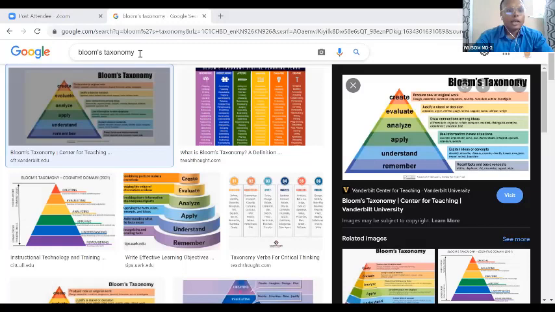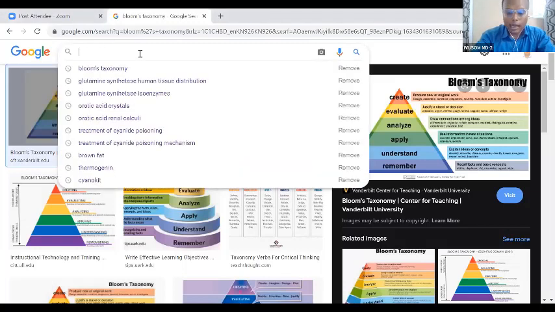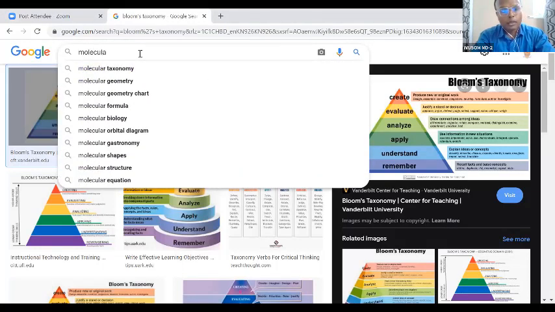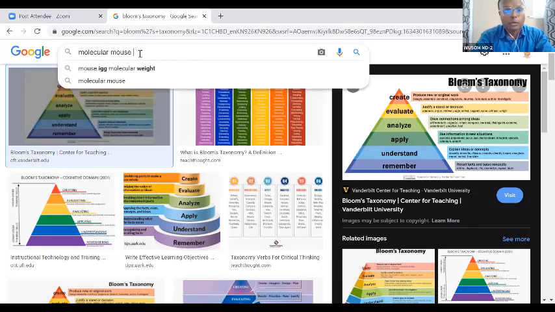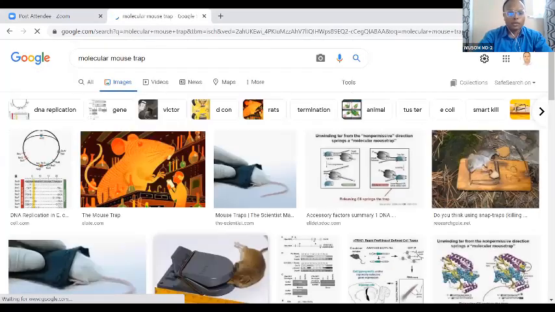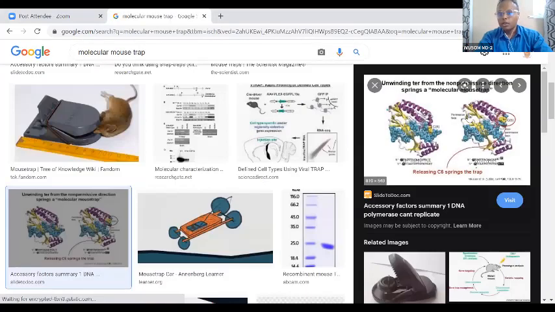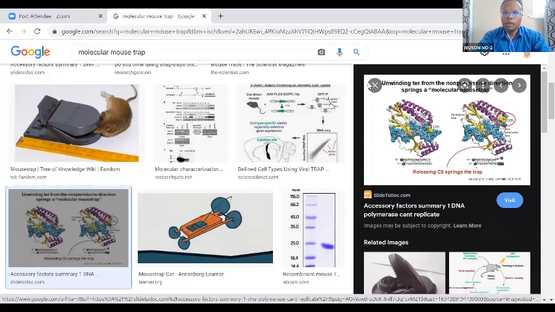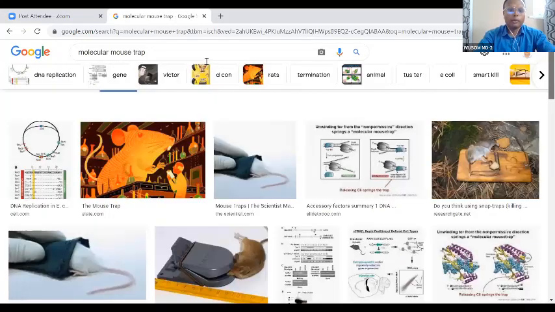Let me go to Google. You can write in your notes: molecular mouse trap. Alpha-1 antitrypsin as a molecular mouse trap. Can you see this?